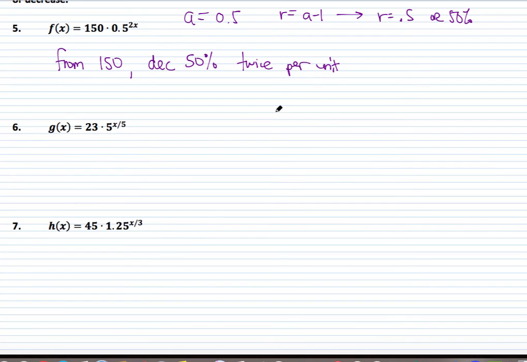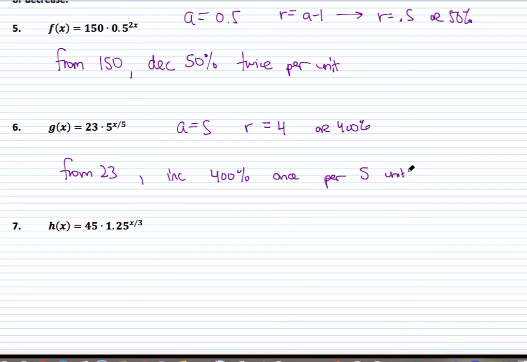For g, we're going to have an initial value of 23. We have an a that is larger than 1, so a is 5, therefore r is going to be 4, or 400%. So we're going to be increasing by 400% once per 5 units, because I would have to plug in a 5 in order to get 1 step of 400%.